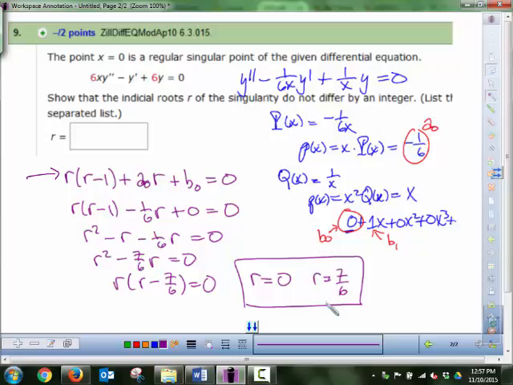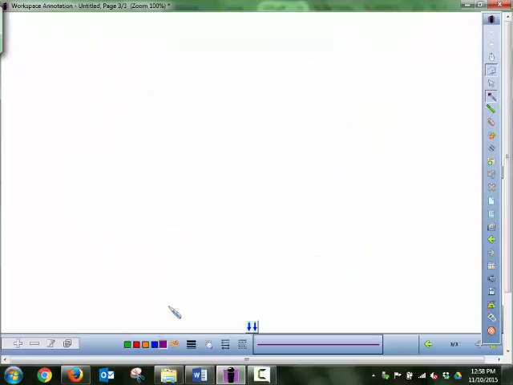All right, so this is where we left off last time. We found the roots for the indicial equation, which are 0 and 7/6. And again, 7/6 is not a whole number, so when you put this into your equation, it's not technically a power series anymore. But 0 looks like it would be. So I think last time I even included this one extra step, so our solutions would look like this.